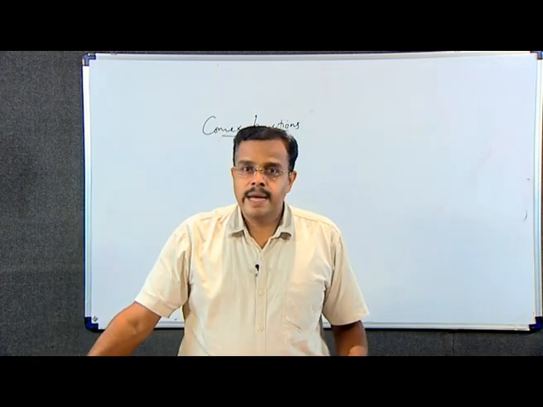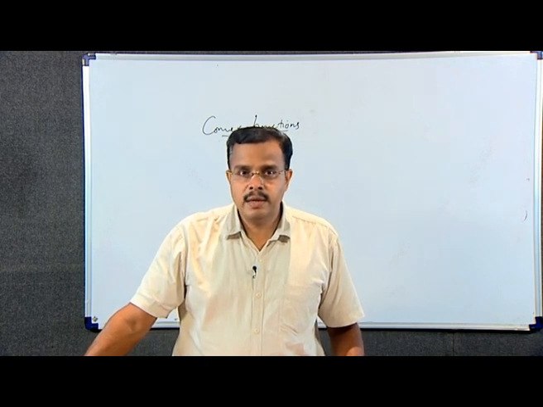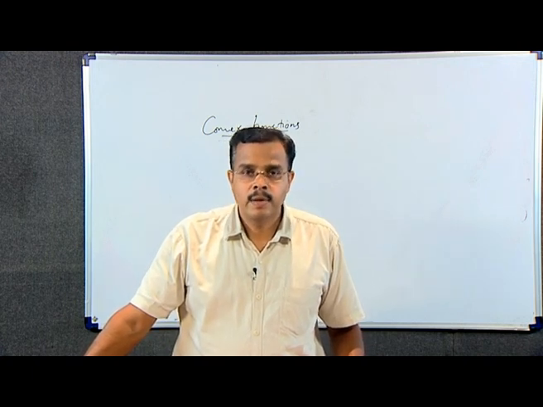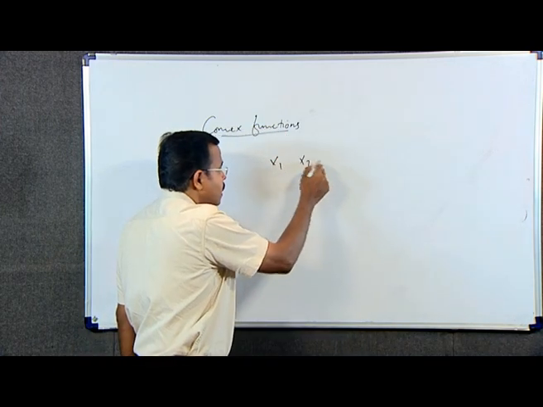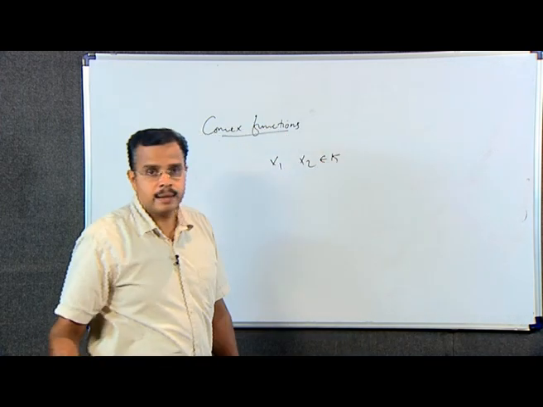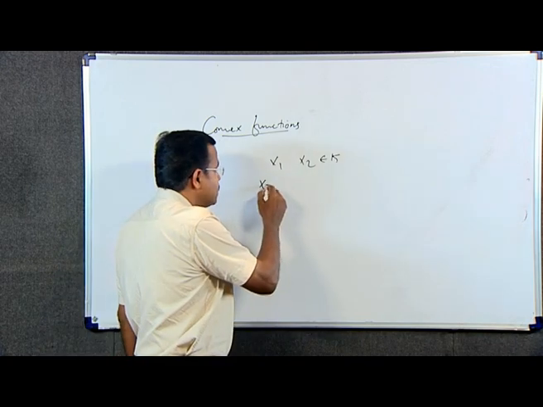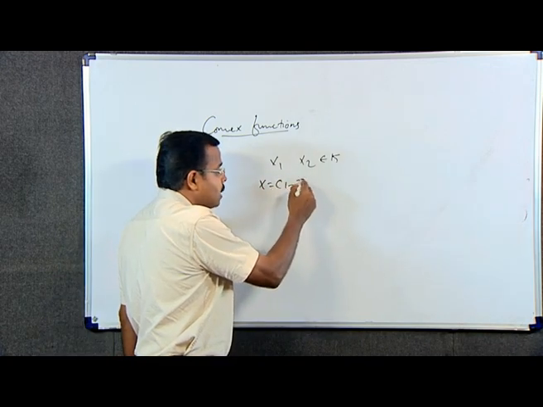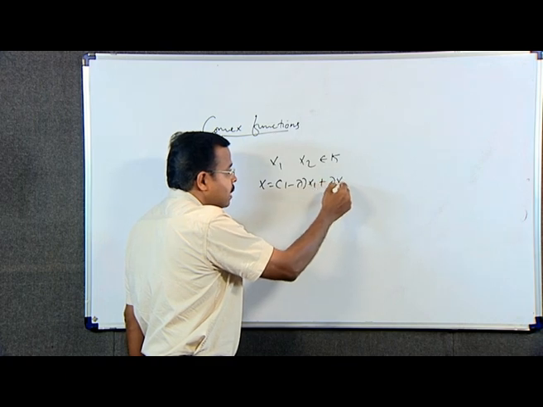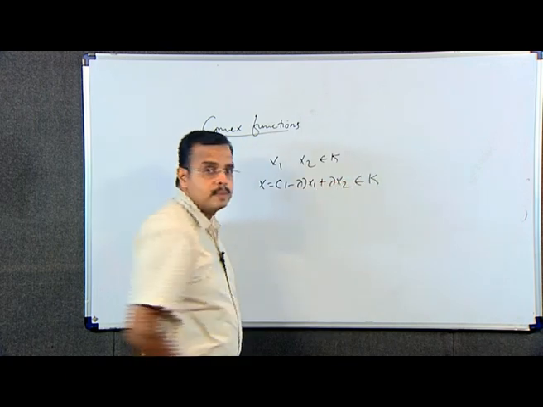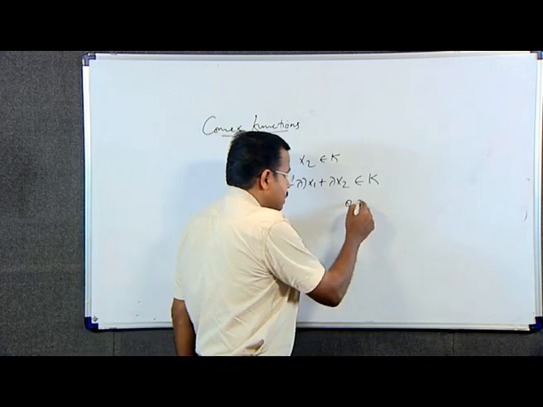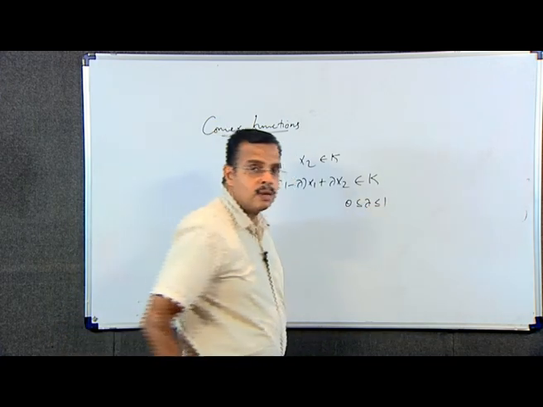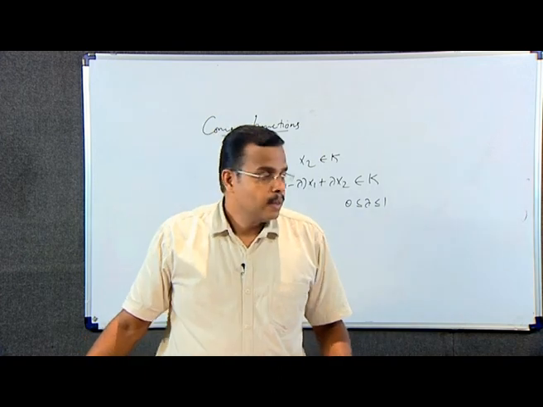Recall that a subset K of En is said to be convex if for any 2 points x1, x2 belonging to K, the point x equal to (1 minus lambda) times x1 plus lambda times x2 also belongs to K, for 0 less than or equal to lambda less than or equal to 1.